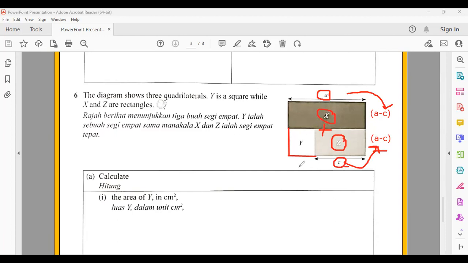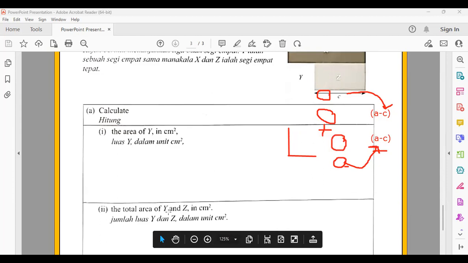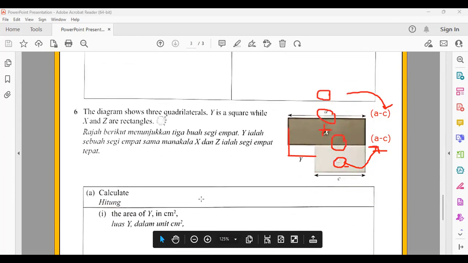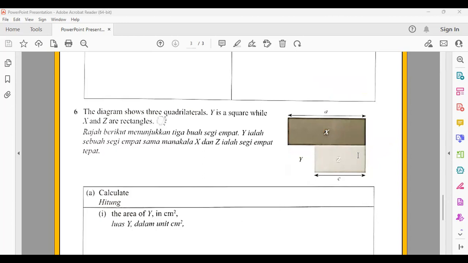You remember when in primary you learned combined shapes, combined areas, but instead of numbers, you deal with algebra here. You see, your second question is find the total area of Y and Z. Oh, sorry girls, Y and Z, not X and Z. I got it wrong.